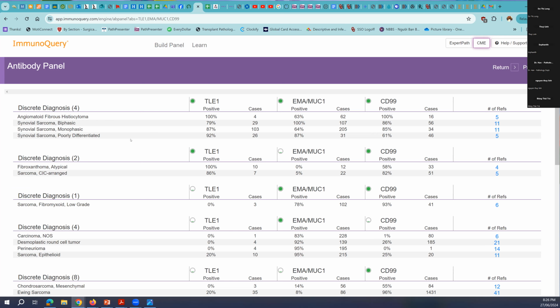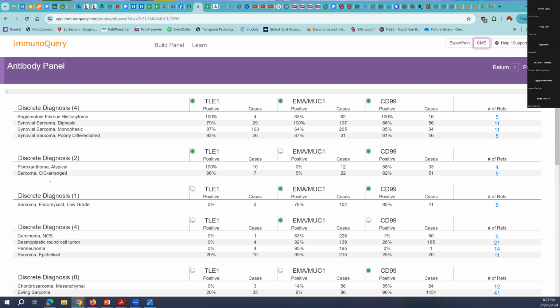Now, the other thing, though, that I think we should consider here, because the EMA was maybe the least certain of these, I think we should also look at what fits into this category of TLE1 positive, CD99 positive, but maybe only a small portion EMA positive or borderline. And sure enough, there's another tumor that fits into this category, the CIC arranged sarcoma.